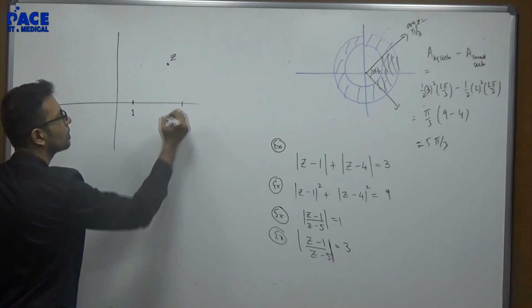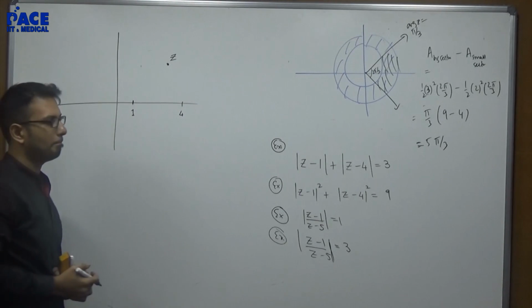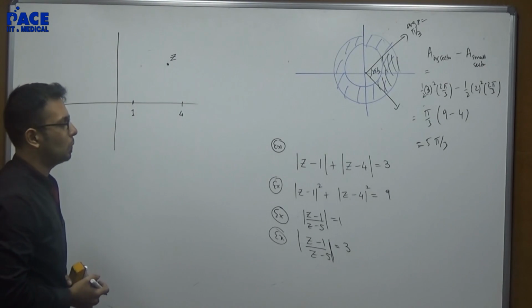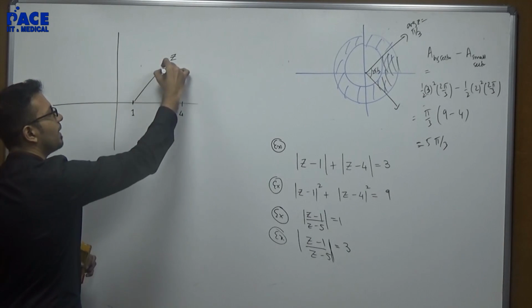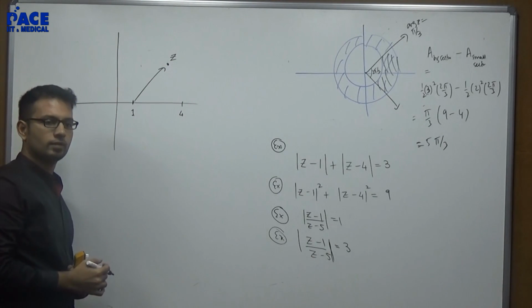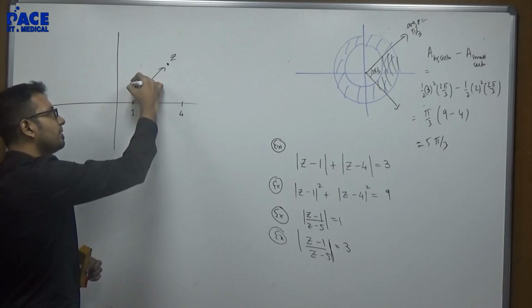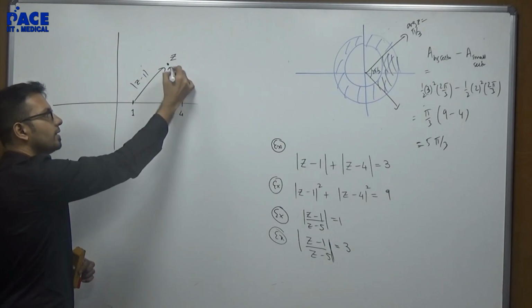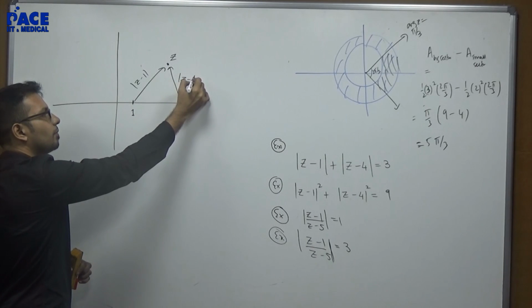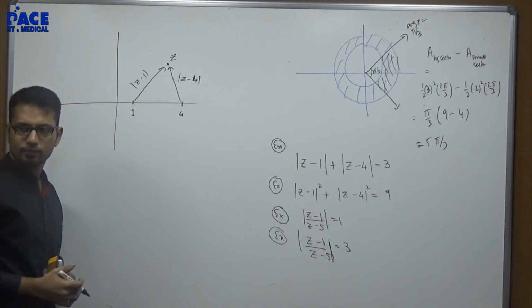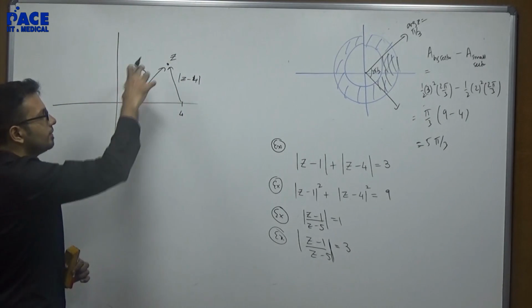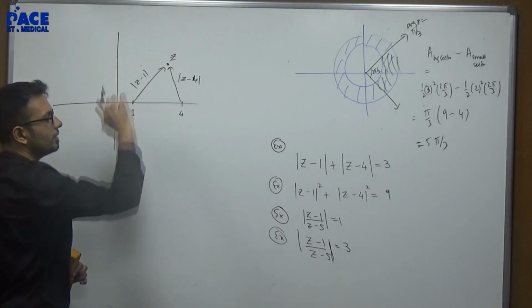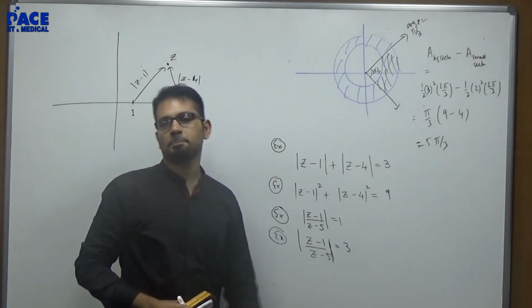Suppose this is 4. Now, this vector is what? Z minus 1. So this length is what? Mod Z minus 1. What is this? Length is mod Z minus 4. Getting it? Yeah. Okay. This length plus this length should be 3.